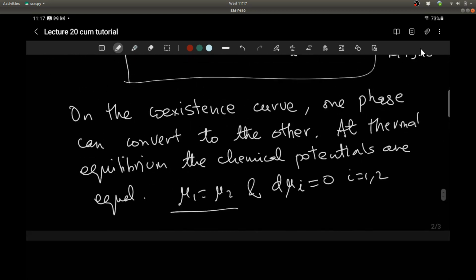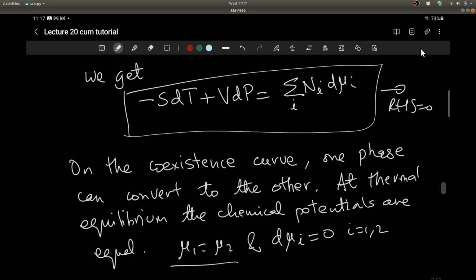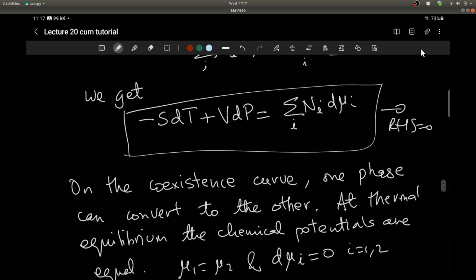Not very deep. Okay, so now I have this. Again here, this is where I messed up, so I have to correct this also. Minus V_i. Okay, it will be plus, right? Plus V_i dP. The V_i dP should be plus, right?